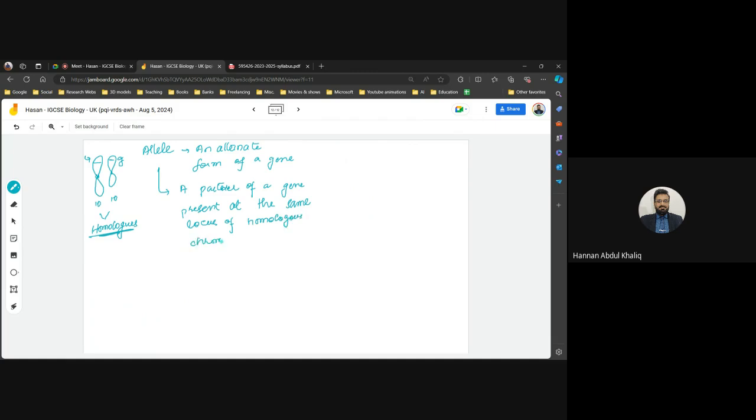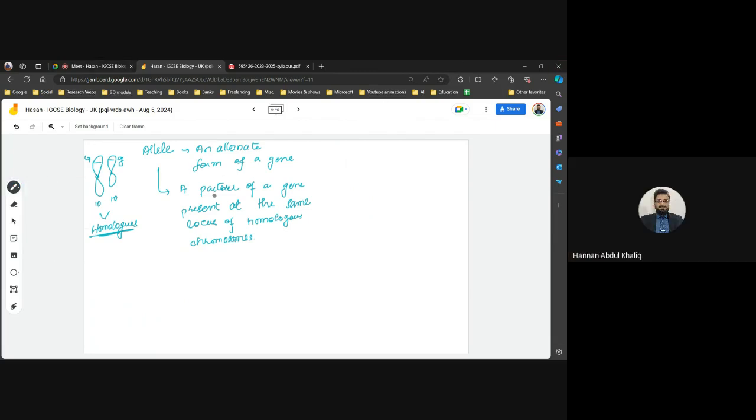Just look at the G and G. The capital G is present at the same locus as small g on homologs. So there can be three definitions. One, multiple forms of a gene. Second, an alternate form of a gene. Third, a partner of a gene present at the same locus of homologous chromosome. Got it?